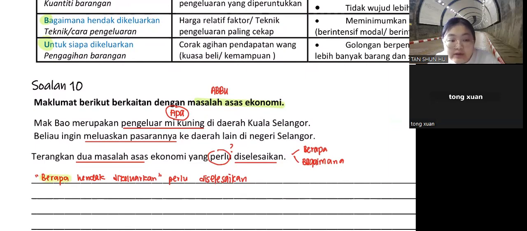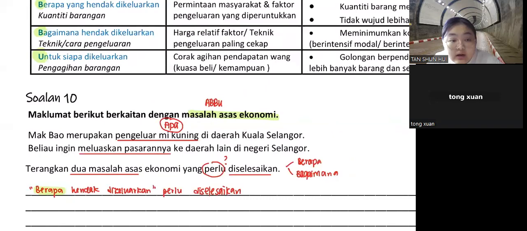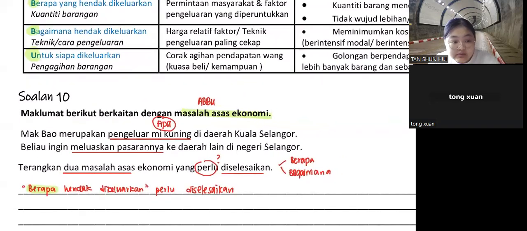How do we know how much we got to sell? We will base on the permintaan. So you can say, berapa hendak dikeluarkan perlu diselesaikan oleh Makbau. Makbau needs to solve this question.